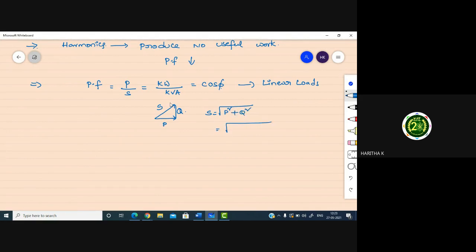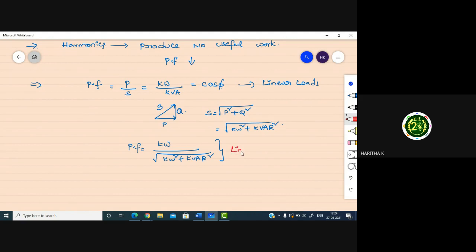P is nothing but the kW quantity, so kW square plus Q, the reactive component kVAR, whole square. So power factor is equal to kW by the square root of kW square plus kVAR square. This is for linear loads.